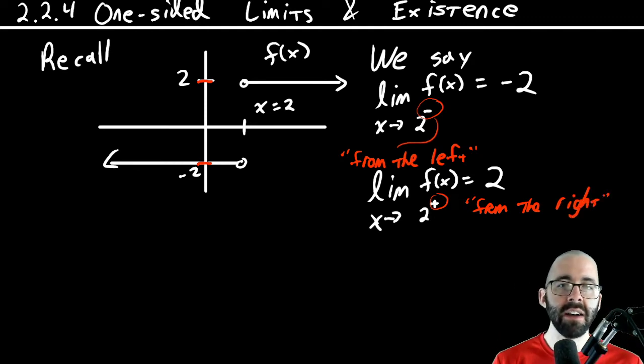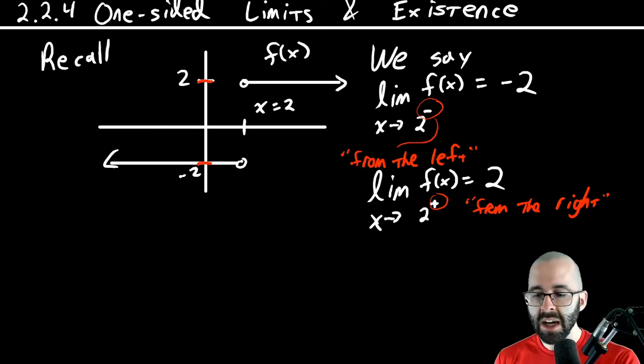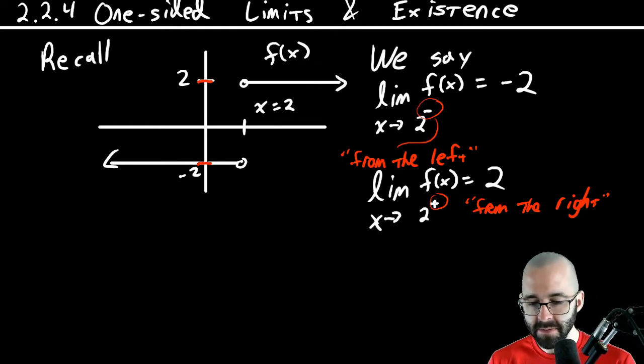So let's combine one-sided limits and see some situations where the limit doesn't exist. I was going to mention this earlier, but I'm going to mention it now instead.